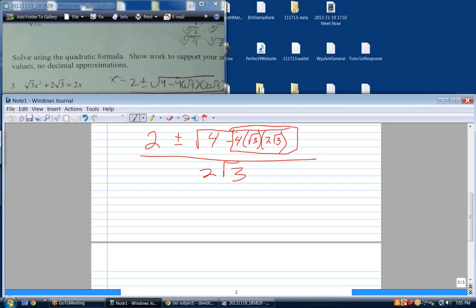Oh wait, I forgot something. Hold on. What's root 3 times root 3? Root 3 times root 3 is root 9, which is 3. So that's the same thing as 4 times 3 times 2. Okay, so what I have in the square root there is 24.